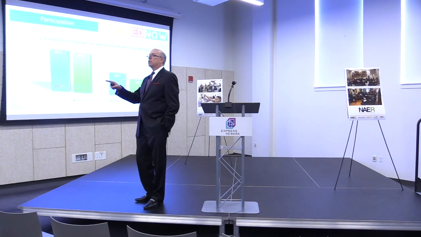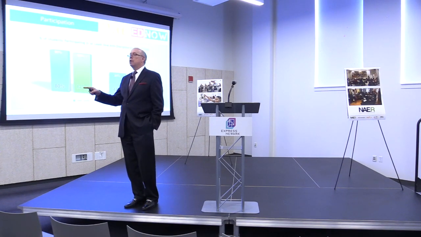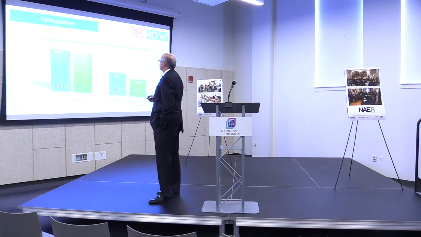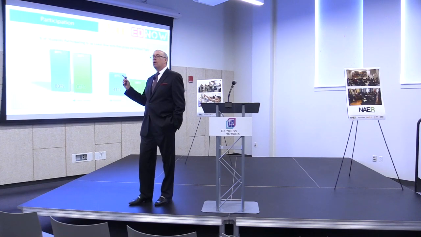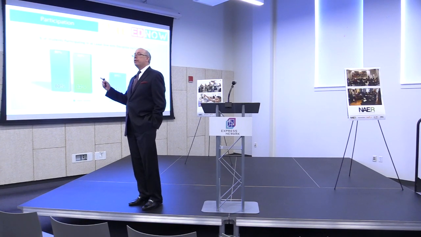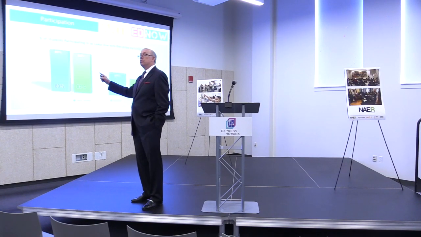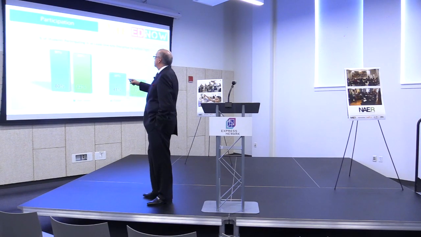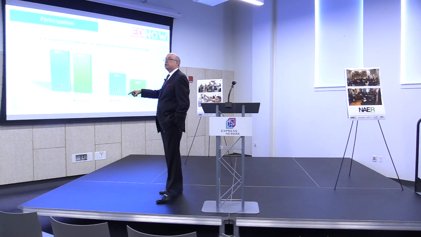Now the black numbers at the bottom are really important because those are the numbers from 2011. So you can see that participation in the elementary level went from 82% to 88% over the past 5 years. So we've actually seen an increase in student participation at the elementary level in the city of Newark, just as we've seen an increase across the state of New Jersey.